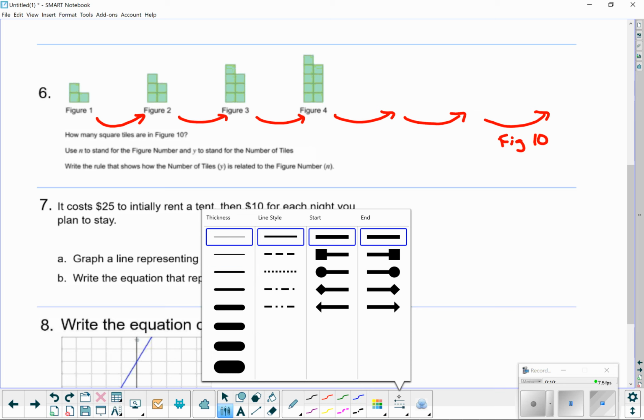You can take a minute to analyze it, but it looks like we're adding 2 every single time.